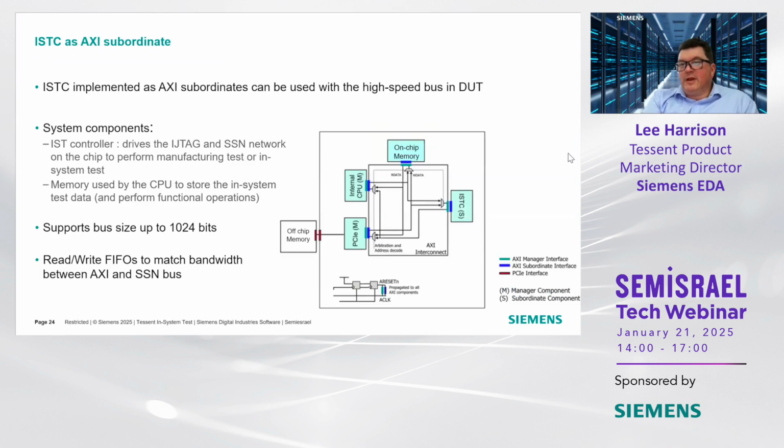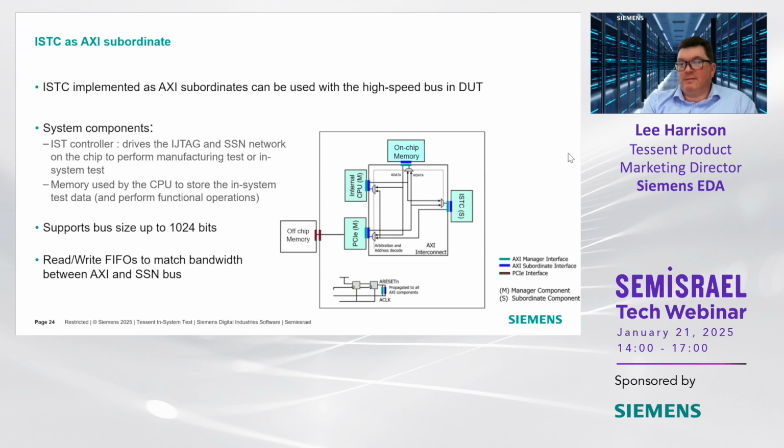So just quickly on the AXI bus configuration. It's a full AXI bus compatibility. It can be added to a full AXI bus infrastructure if you have that on chip. So here's an example where you typically have your in-system test controller, a CPU that's controlling the management of the test patterns.